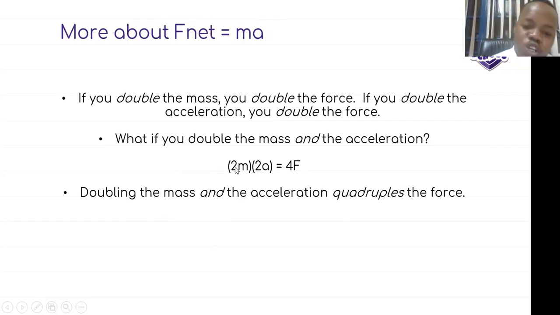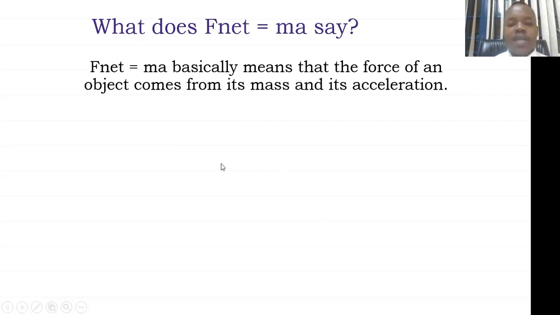So if we, for example, take the mass and we still substitute it as m, and we take the acceleration and still substitute it as a, and we double this, meaning we make it 2m, and we double the acceleration, we make it 2a, we can see that the force will be 4F. It will be 4 times bigger.